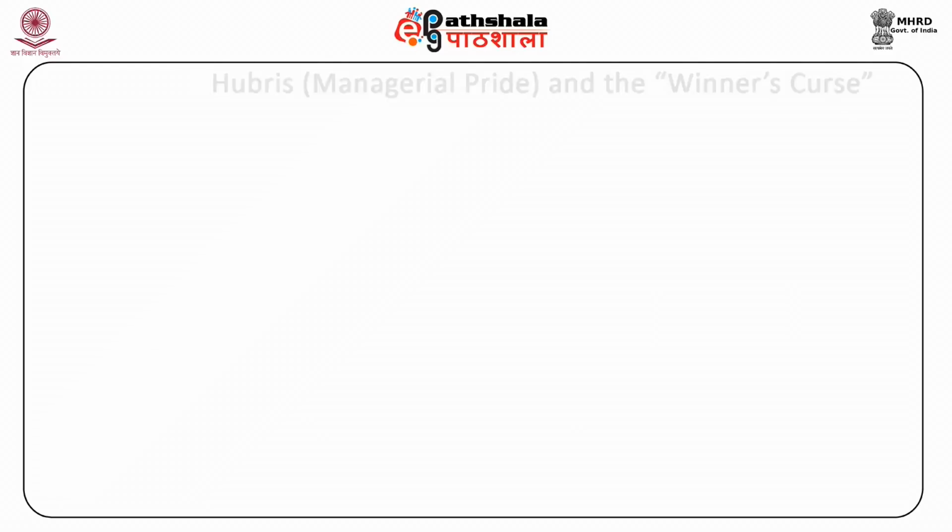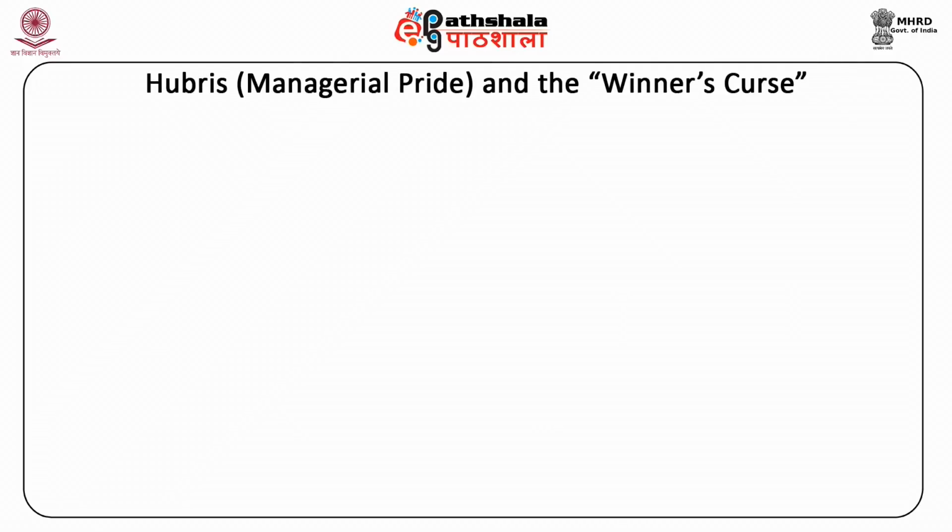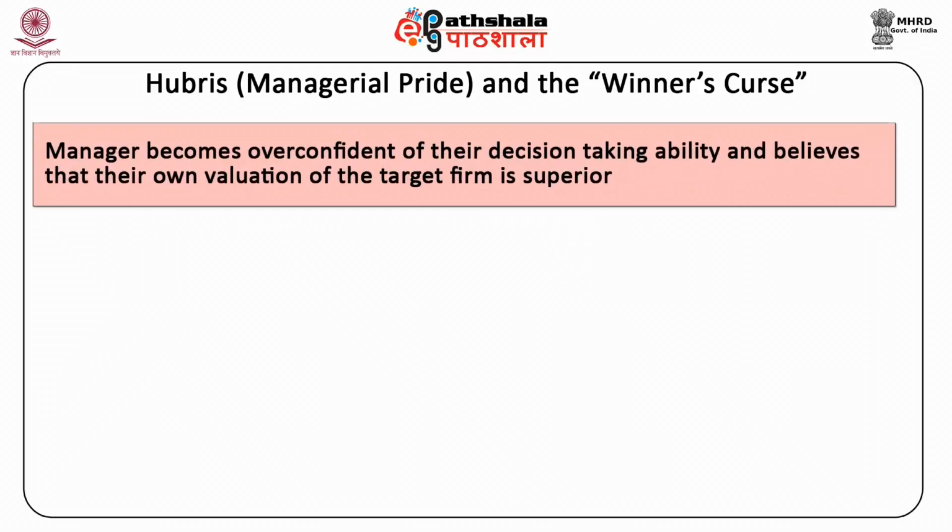Moving on to hubris, that is, managerial pride and the winner's curse. Sometimes managers become overconfident of their decision-making abilities and believe that their own valuation of the target firm is superior to market valuation.